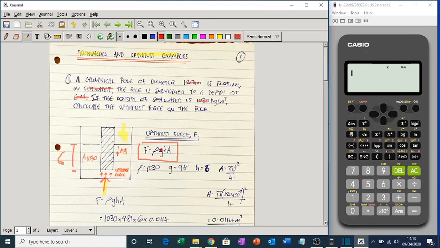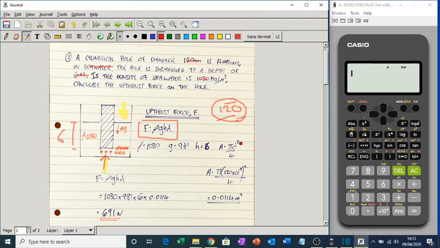We can work out the area, so it's a cylindrical pole, so it looks like that, a circle obviously, and it's 120 diameter, millimeters. So the cross-sectional area, the area of all of this, because the more area you've got, the more pressure, the more force. So area of a circle, pi d squared over 4, or you could use pi r squared, it's up to you.